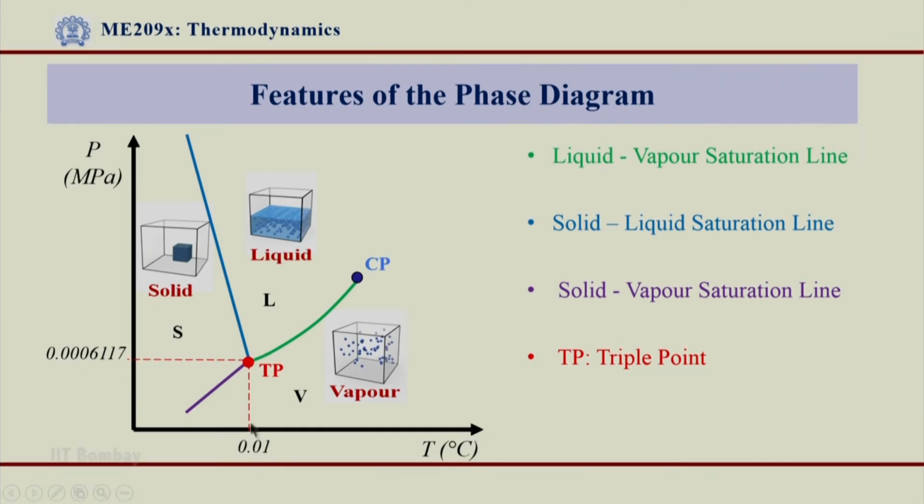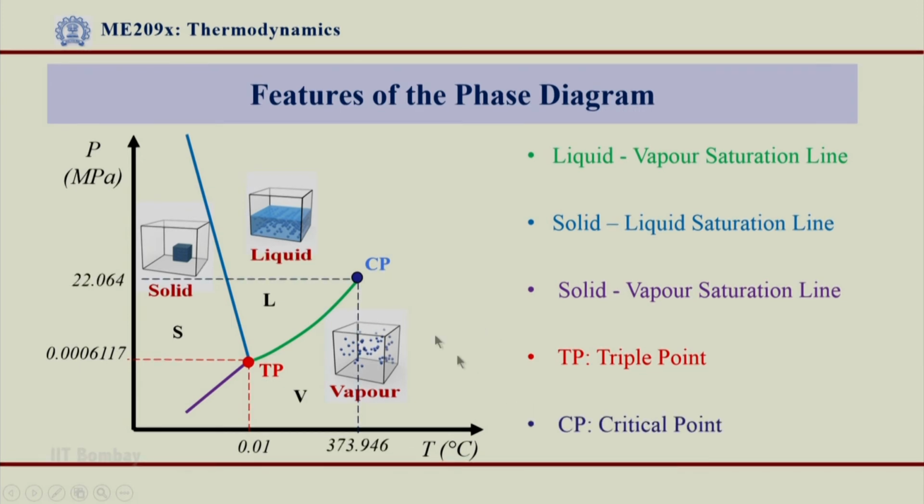It exists at a given temperature and a given pressure: 0.01 degree centigrade and 0.000617 MPa. So this point is absolutely fixed. It is a specific property of water where solid, liquid and vapor are in equilibrium, coexisting at a given pressure and temperature. If either of these changes, it will not be a triple point anymore.